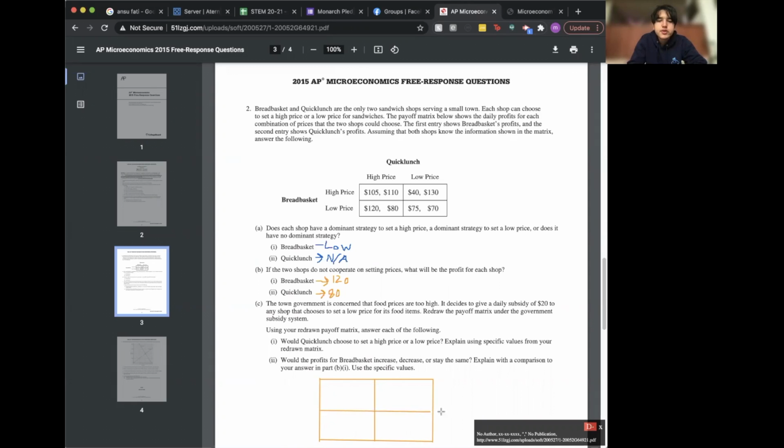So we have this matrix here, and we're going to be using the same situation, or the same boxes, as the matrix above. So this will be high, this will be low, this will be high, and this will be low.